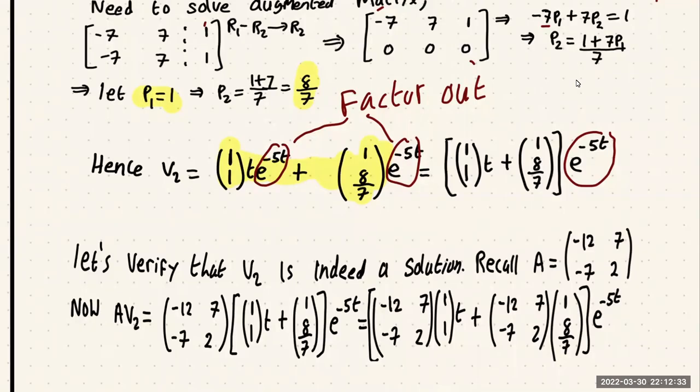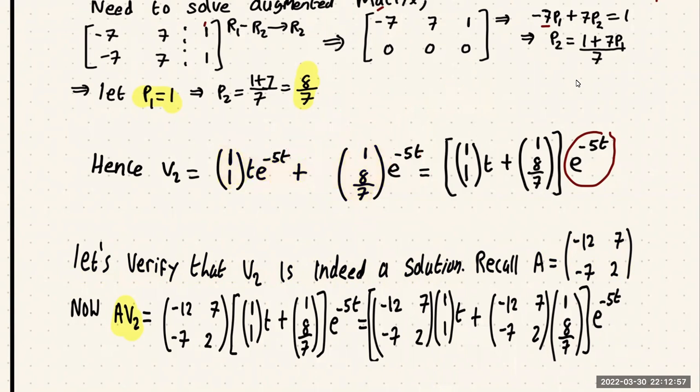So now let's actually verify that V2 is indeed a solution of our system. Recall, here's our A. Let's first look at A times V2. My V2 is right here.